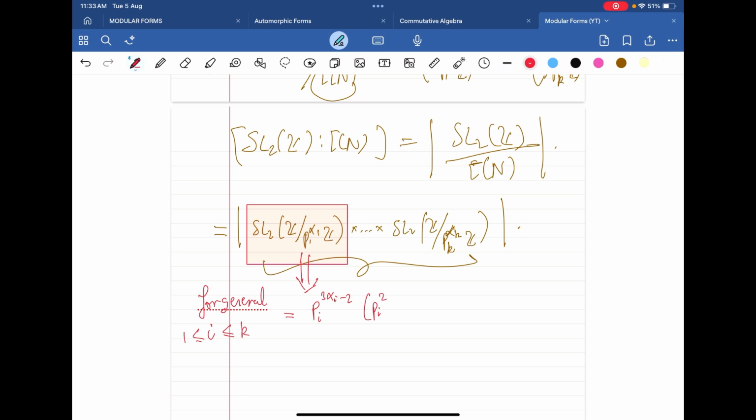The cardinality looks like this, and just taking out the factors we get what we wanted.